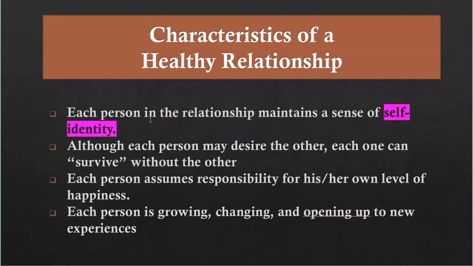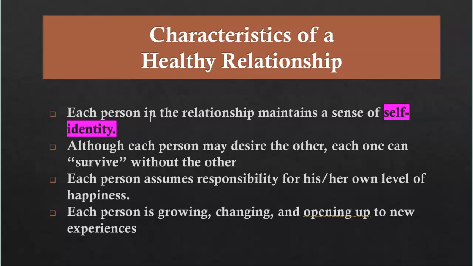It says each person in the relationship maintains a sense of self-identity. Healthy relationships are sometimes described as one whole person coming together with another whole person, and then this interdependent relationship forms. It is not this idea of a half person getting together with another half person and they complete each other.